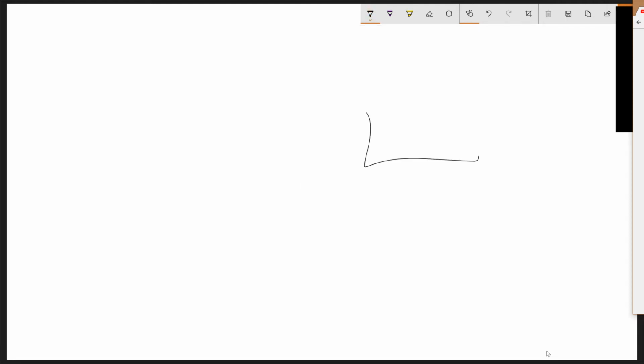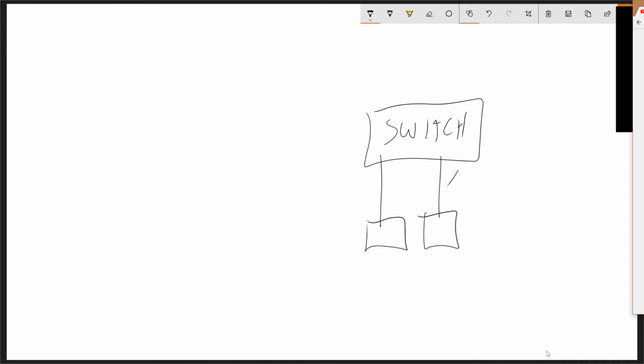So a local area network, as we talked about, has a switch. And it's not always a switch. It could be a router switch combo, but it's basically something to do the switching. And you have hosts that are connected via links between their ports and the switch's ports.